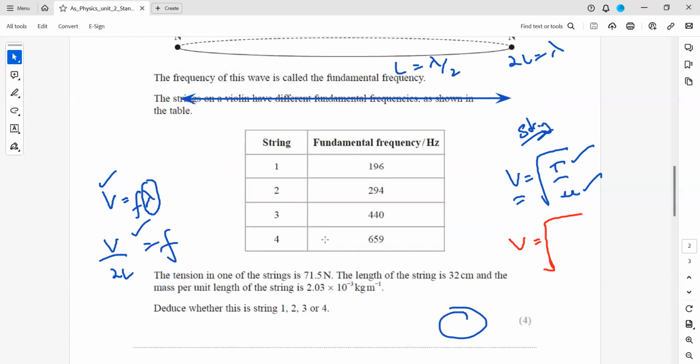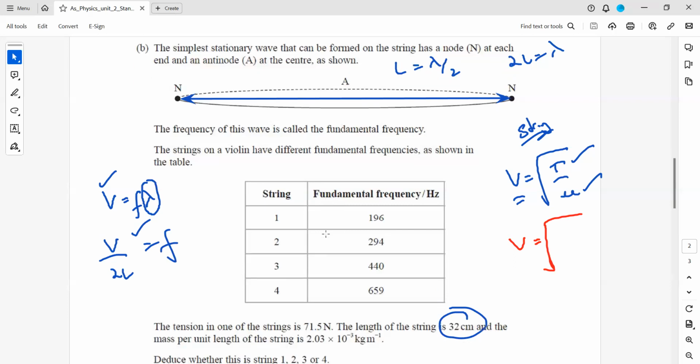So T is 71.5, and mu is the mass per unit length, which is 2.03 × 10^-3. This will give us the value for V. What's the answer for V? 187.7 meters per second.